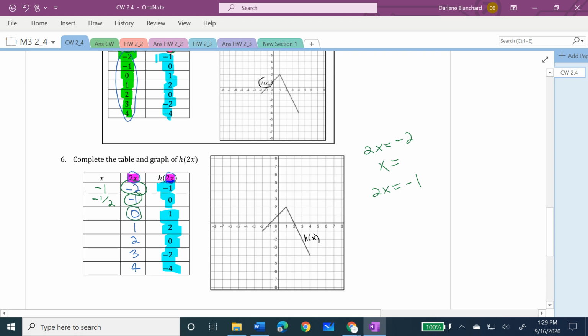If 2x is equal to 0, what is x? 0. Yes, you got it. And then I'm just going to keep going. If 2x is equal to 1, what is x equal to? Good. If 2x is equal to 2, 1. There you go. If 2x is equal to 3, that'd be 1.5. Yep. And if 2x is equal to 4, then x is 2.